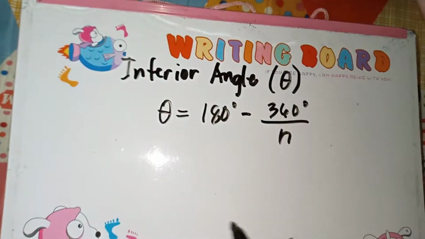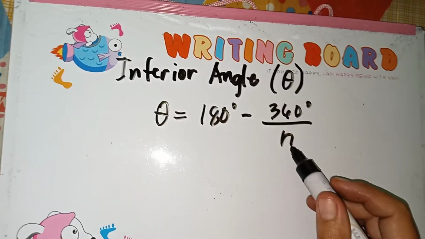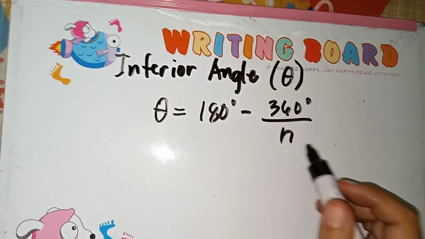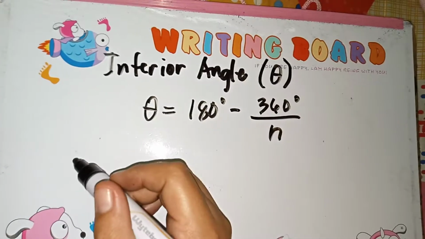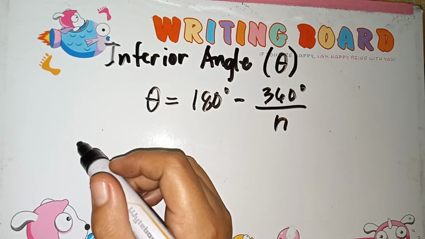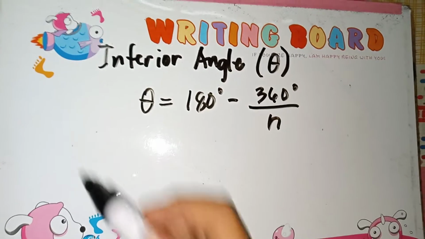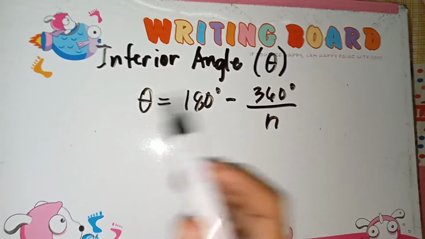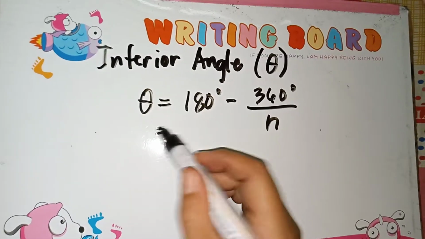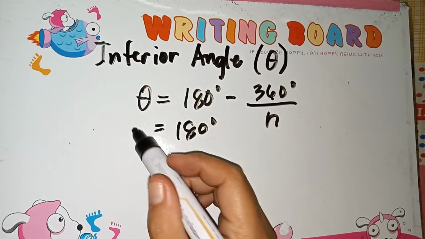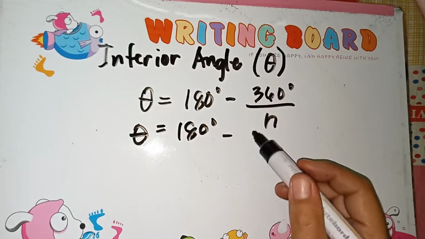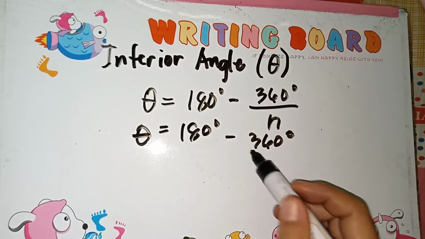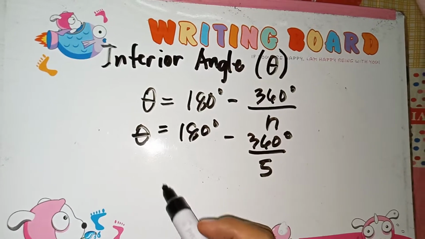For example, let's have 5, which is a pentagon. Let's find the interior angle of a pentagon: theta equals 180 minus 360 divided by 5.